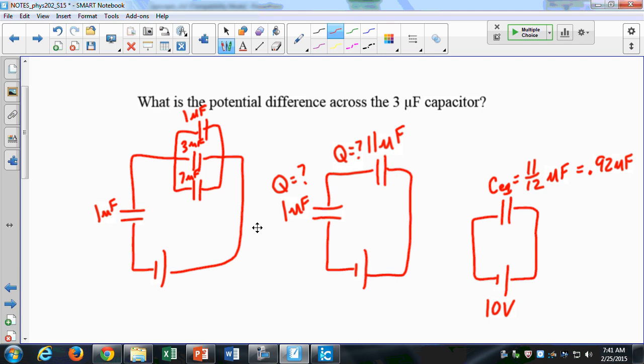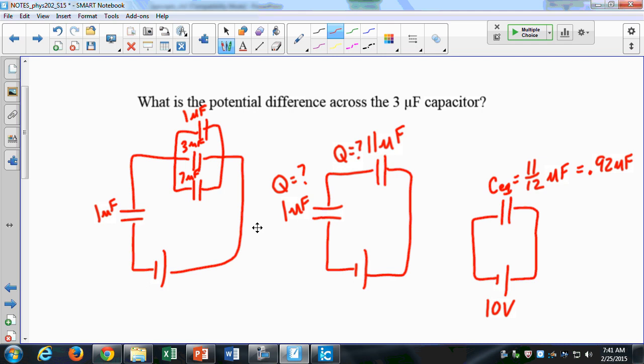If I can find the charge on that capacitor, right here, that's also the charge here and here. And if I get the charge on this capacitor, since then I would have the capacitance and the charge, I can find the voltage on this capacitor. Q equals CV, so V is equal to Q over C. So once I find this charge, then I can get voltage. So we're sort of stepping backwards here.